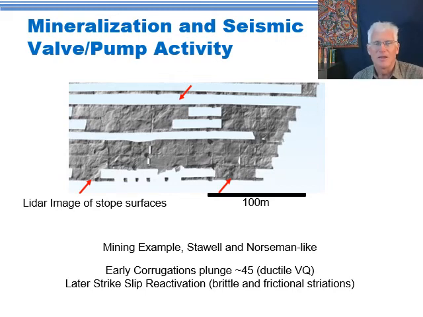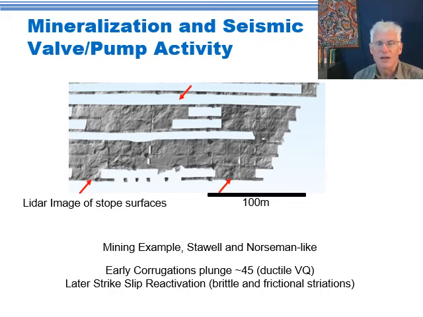So the geologic story and the structures themselves: it looks like these large-scale corrugations have ductile vein quartz, or ductile-looking vein quartz, so sort of continuous, happy-looking shear zones that probably developed at relatively slow strain rates and fairly high temperatures.